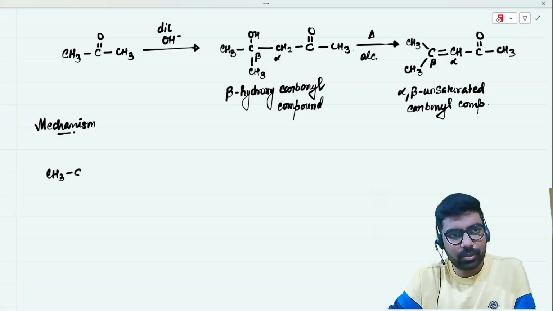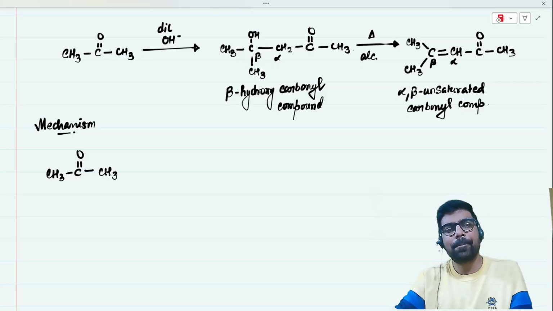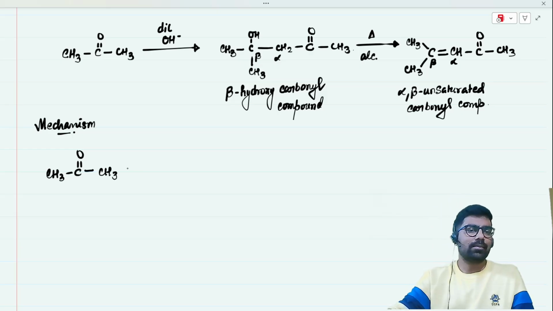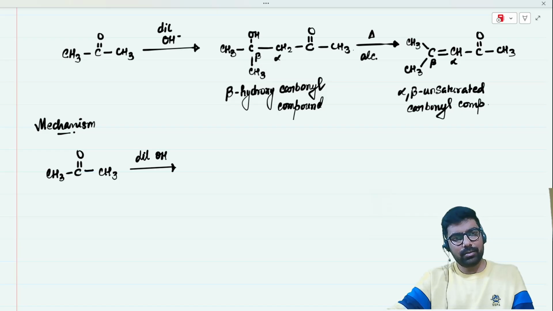First we have an acetone molecule. Now see, both the carbons on the two sides of this C double bond O group have alpha hydrogens. So we have 6 alpha hydrogens. In the presence of dilute OH minus, we will do an acid-base reaction with any of the hydrogens.